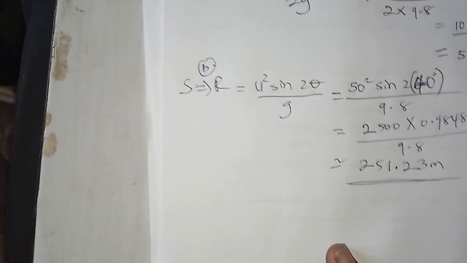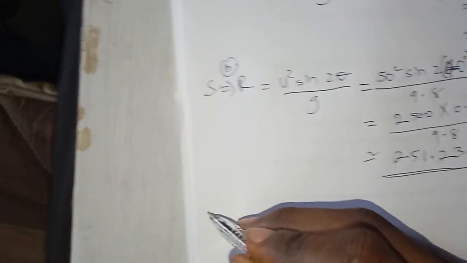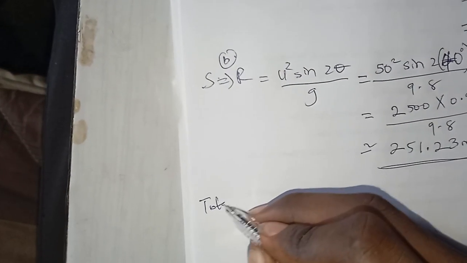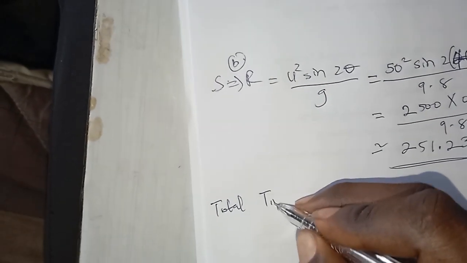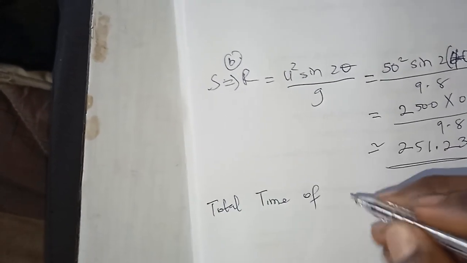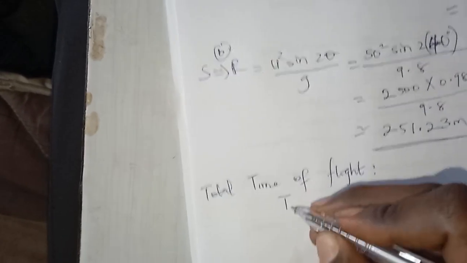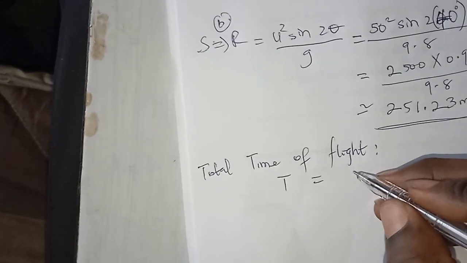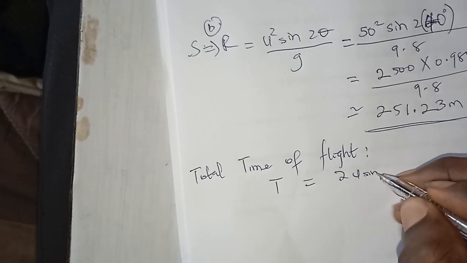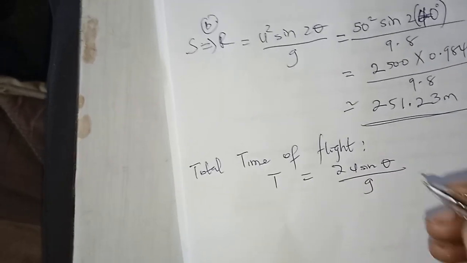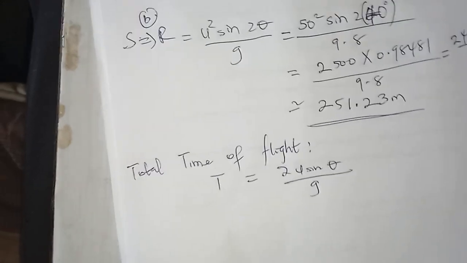And it says the displacement. Before I can talk of displacement, let me find the total time of flight, which is T, and that is given by 2u sine theta all over g. We've discovered all these things. If you don't know how to get it, go and check my video on projectile motion.